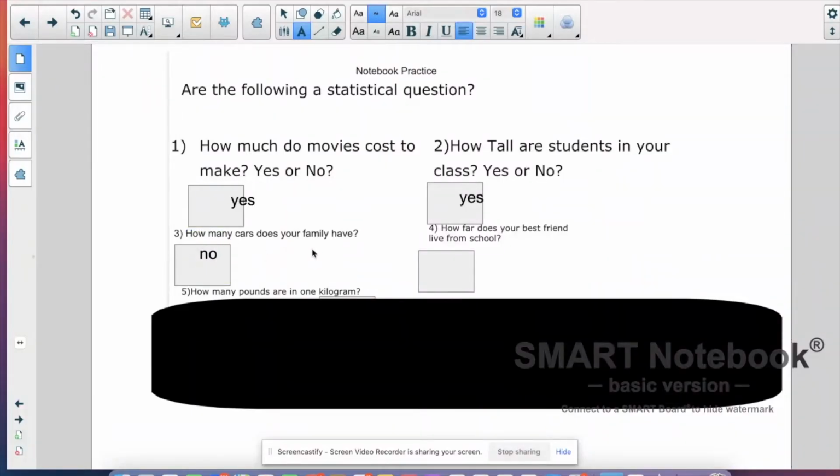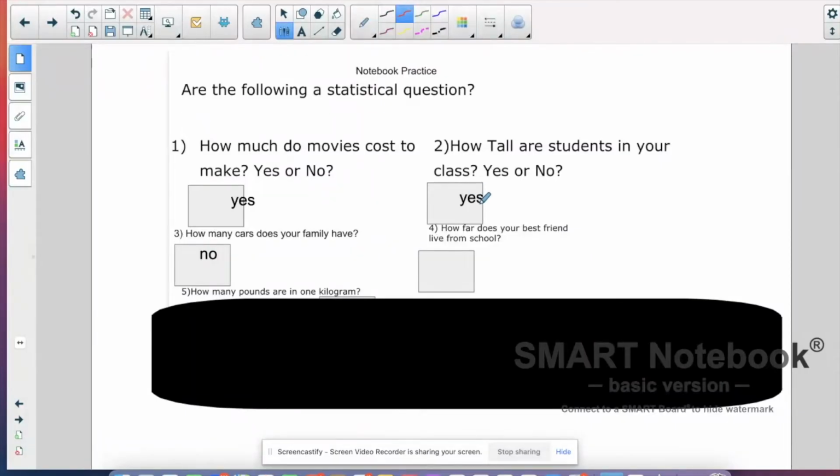If you were going to change this to make this a statistical question, how would you do that? Well, maybe you say, how many cars do families at your school have? Or what is the average number of cars families have at your school? Number 4, how far does your best friend live from school?